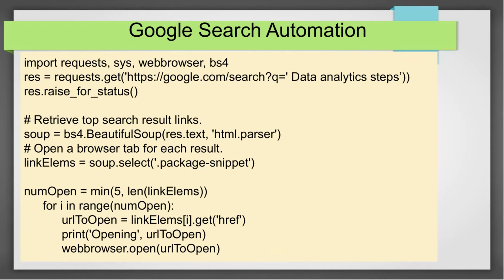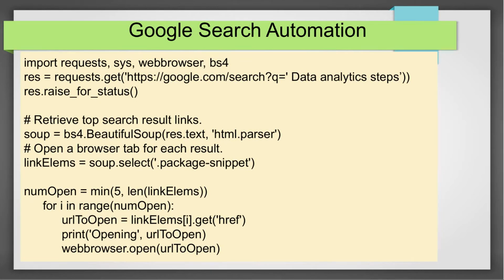If you look at the a href hyperlink elements, though, the search result links all have a specific class. Looking through the rest of the HTML source, it looks like that class is used only for search result links. You don't have to know what the CSS class package snippet is or what it does. You're just going to use it as a marker for the hyperlink element you are looking for.